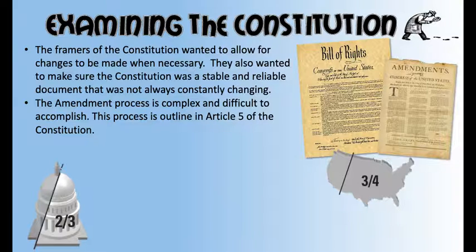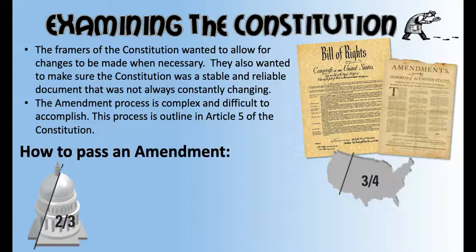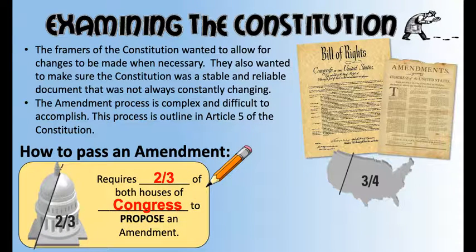So, how can changes be made? In the upper third of your notes packet on page 18, you'll see the same diagram. For an amendment to be brought up in the first place, it requires 2/3 of both houses of Congress to propose the amendment.